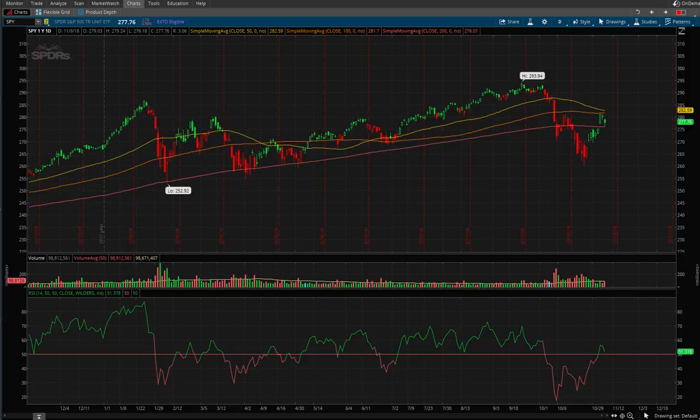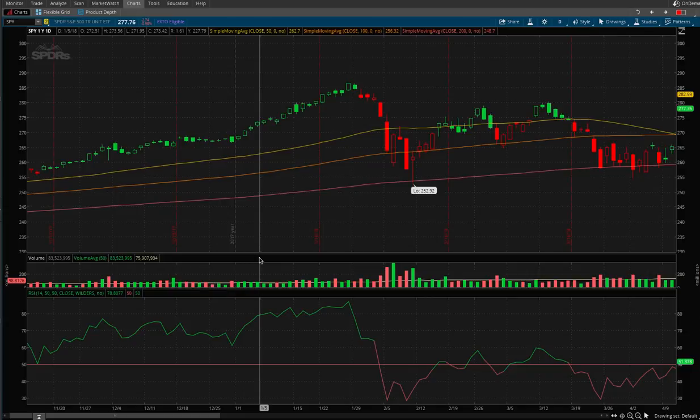Today I was going to go over divergences, specifically RSI divergence. Here we're looking at a chart of SPY, and we have our RSI here. We can see that the RSI typically flows with the stock. If we zoom in, we had a little down and then it moved up.